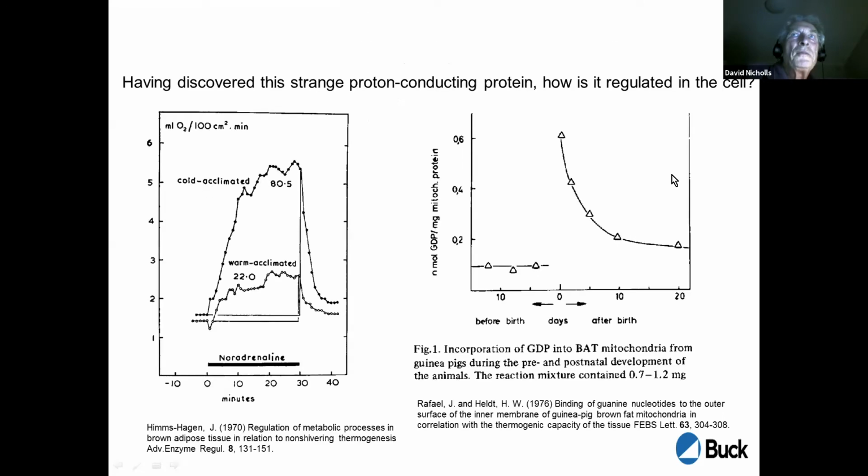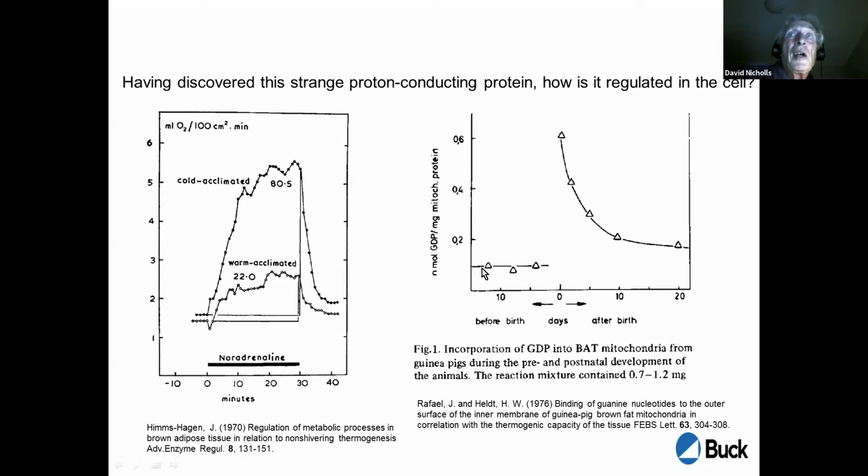So now we need to move into physiology. And one of the classic things which was originally discovered by Hans Raphael very early on was that the nucleotide sensitive uncoupling, the strange thing about brown adipose tissue, was not constitutive, but it was inducible.